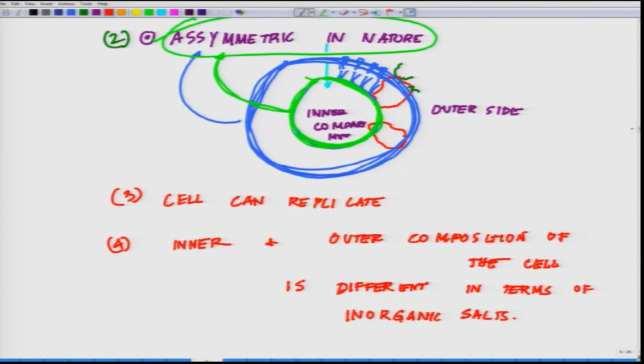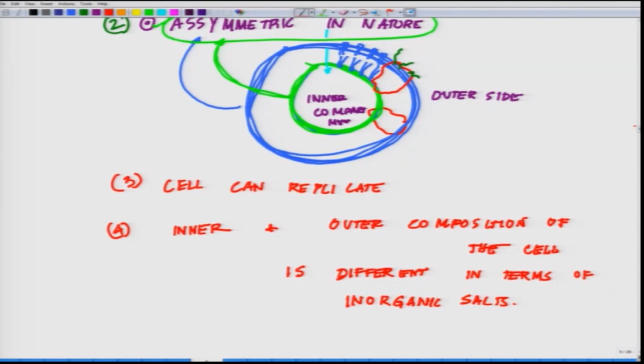If you compare inner and outer, you will observe that outside the cell you have very high sodium and chloride, whereas inside you have low sodium chloride.